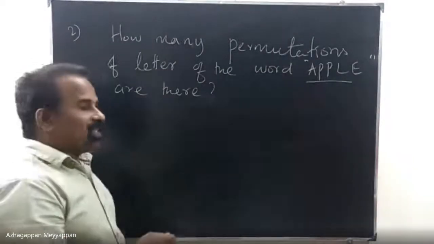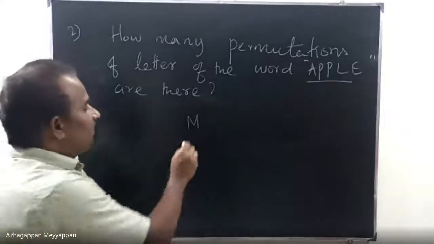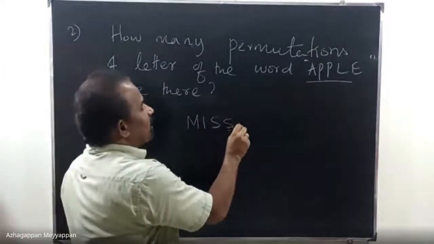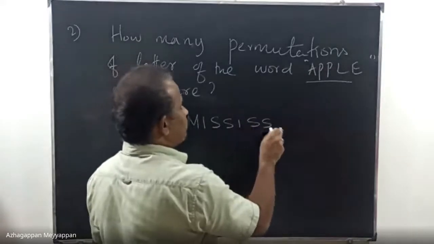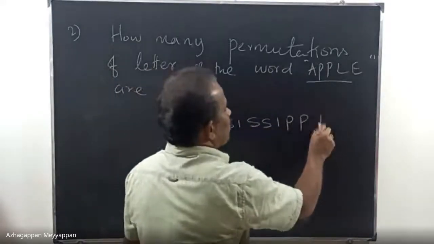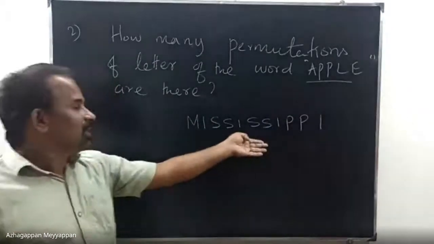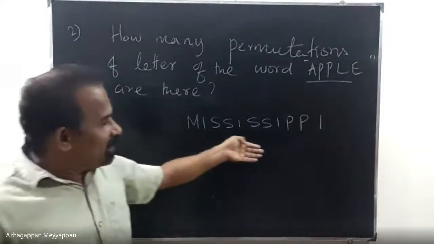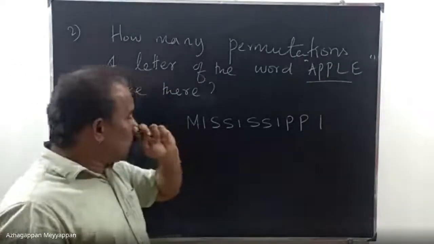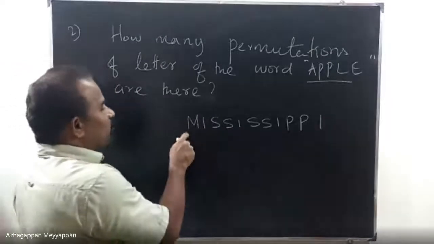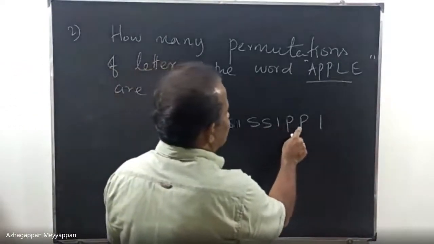I'm telling you another thing also. How many ways can the common word MISSISSIPPI be arranged? What you do is count the letters: 1, 2, 3, 4, 5, 6, 7, 8, 9, 10, 11.